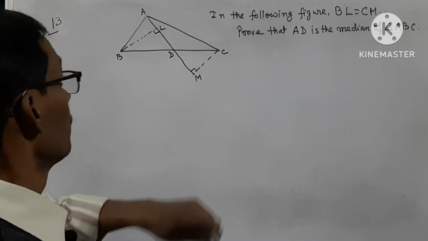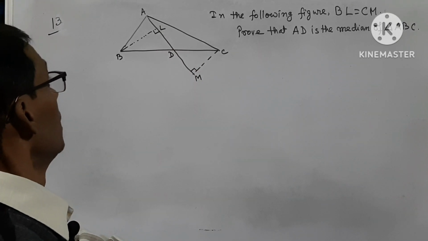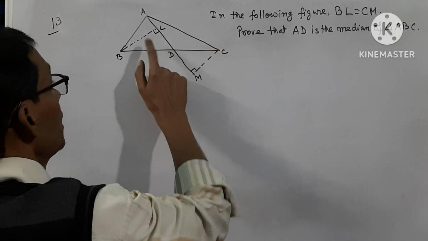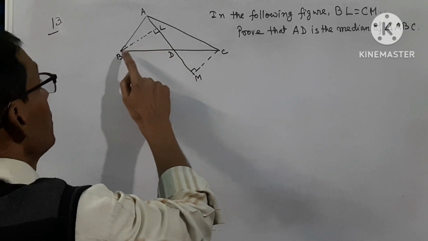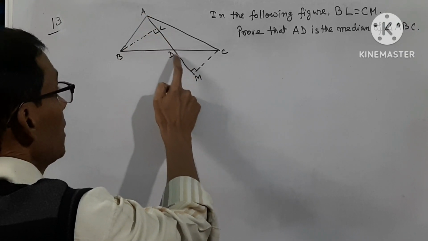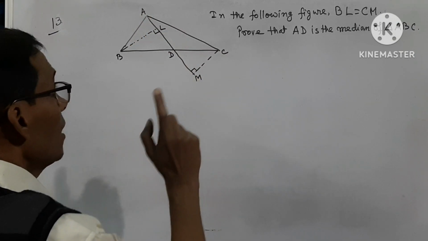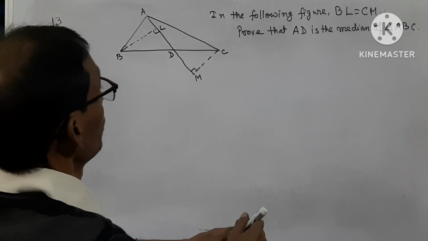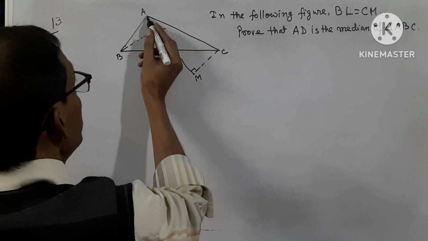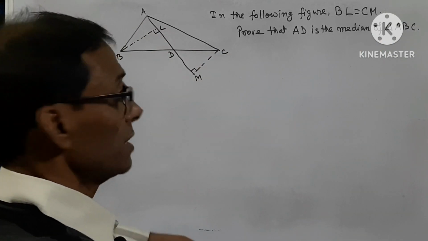Question number 13. This is the figure, and in this figure it is given BL equals CM. BL is perpendicular to the line AM, and CM is also perpendicular to the same line. Prove that AD is the median of triangle ABC.